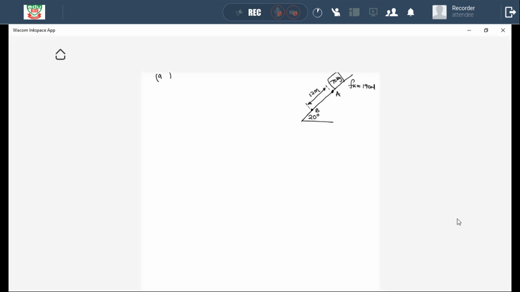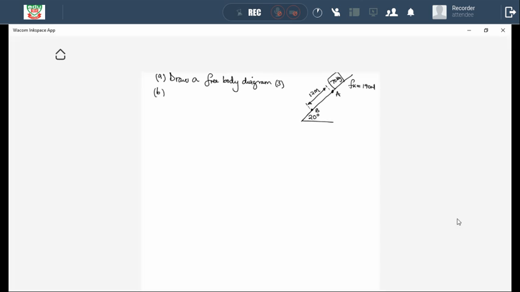Question A: draw a free body diagram, 3 marks.